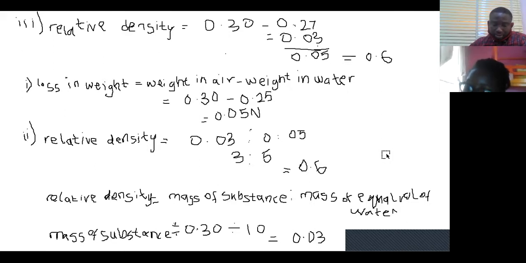Find its weight when it is immersed in paraffin wax of density 800 kilogram per meter cube. Take g to be equal to 10 meter per second squared.